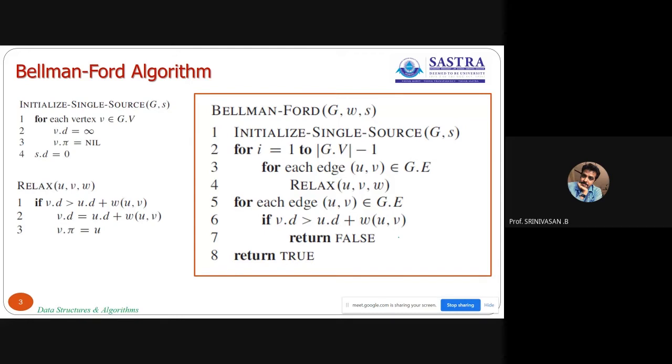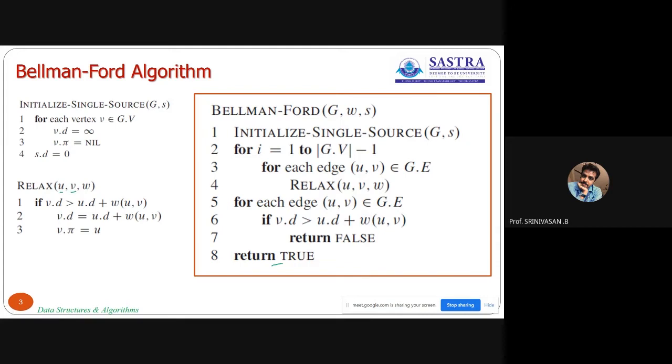Based on that edge, what is the change in the distance of the destination vertex? So the relax is applied to U and V, two vertices.